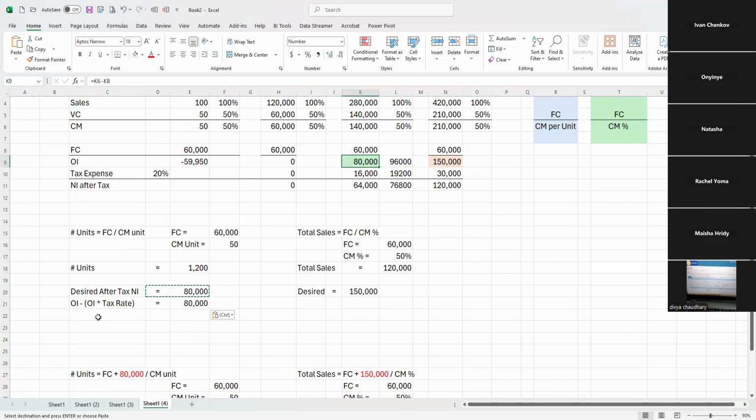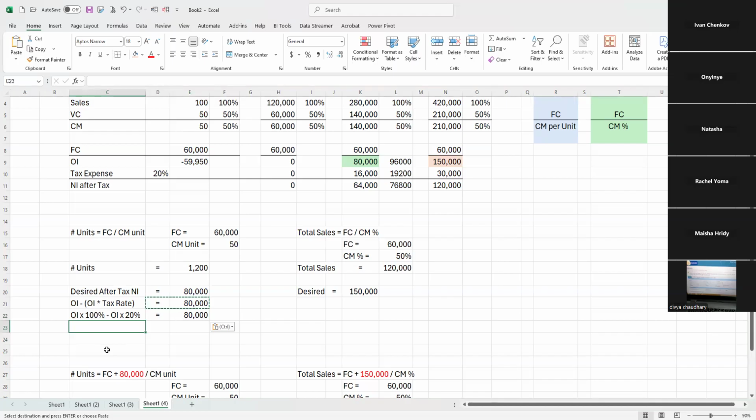So I'm going to have here operating income times 100% minus operating income times 20%. Make sense? Yes, Professor. So now, operating income times 100% minus operating income times 20%, how much is that? 80%.